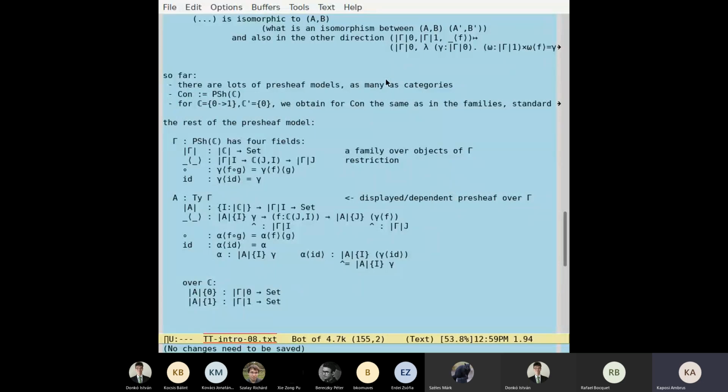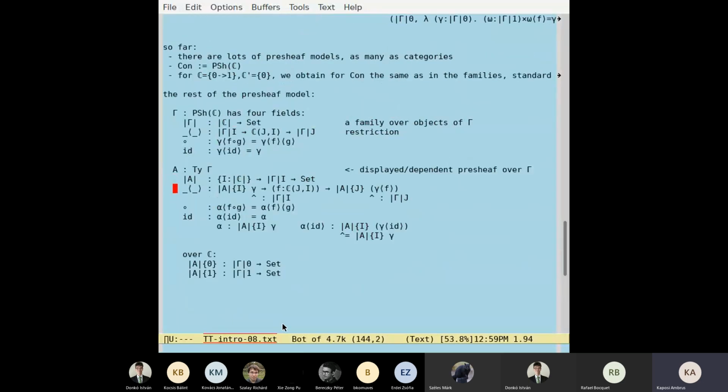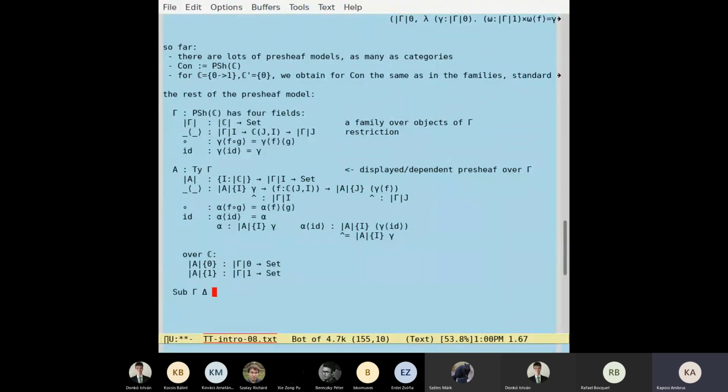Okay, so we discussed what contexts and types are in this presheaf model, and I will tell you about what the substitutions will be. So what is sub gamma delta in the presheaf model? You could say it could have 4 fields, but the situation is simpler because we don't need to say anything about equalities.